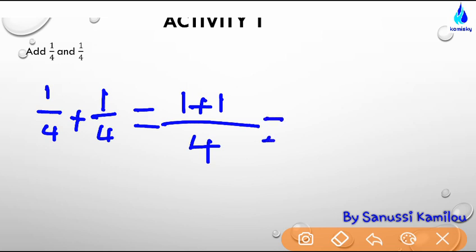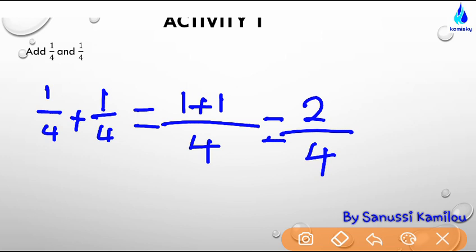Then this one will lead me to get what? 2 over 4. 2 over 4 is not the simplest form, so I have to simplify it. Is it not so?